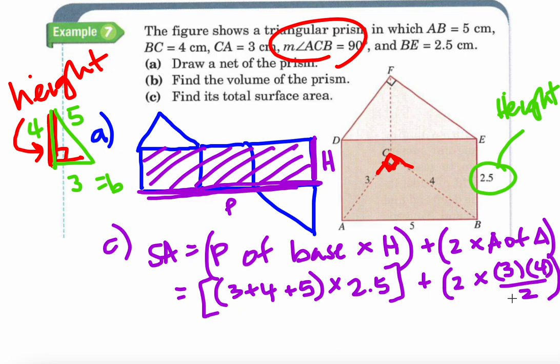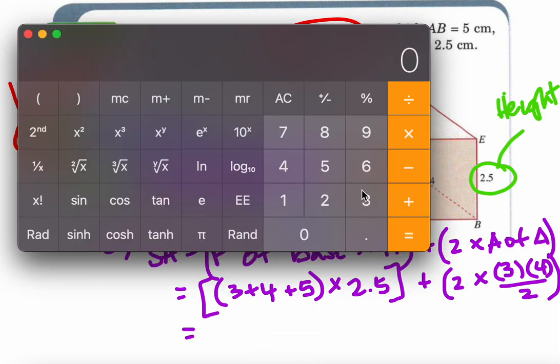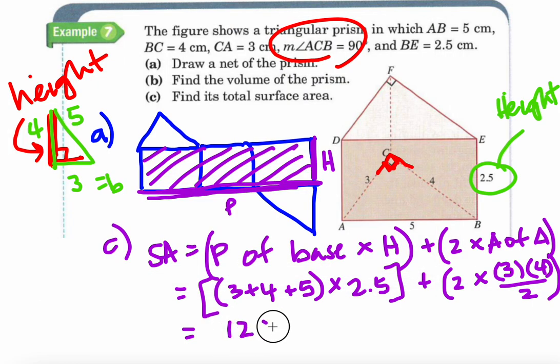We kind of already did this, I'm just rewriting it. And then divide by 2. Okay, so let's do each piece by itself. 3 plus 4 plus 5 is 12. Take that 12 and multiply by 2.5. Then you're going to get that answer and add it to whatever this answer is. This is 2 times 3 times 4 divided by 2.